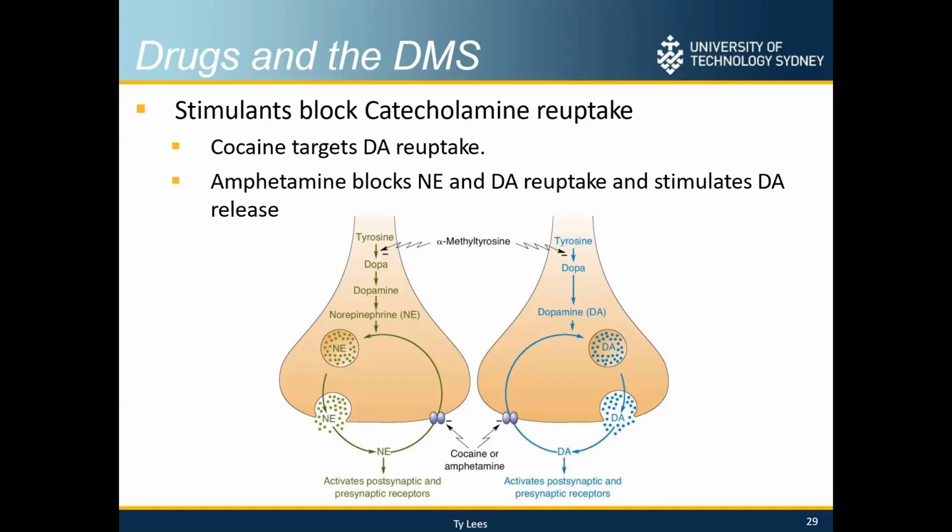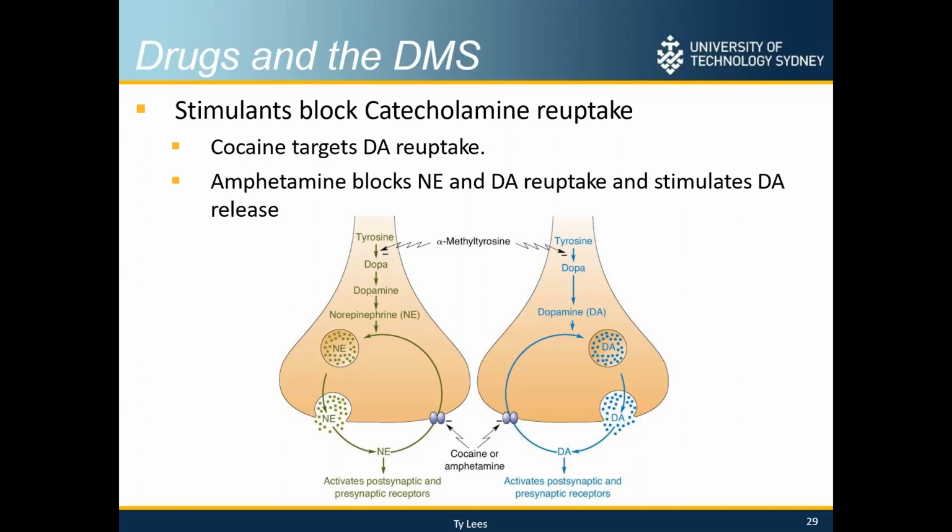So I believe this is the second last slide. And this looks at how these drugs interfere with the system in a diagrammatic format. So in this case, you have cocaine and amphetamines, okay? And what they do is they tend to block the reuptake mechanism used to eliminate the signals of the neurotransmitter.